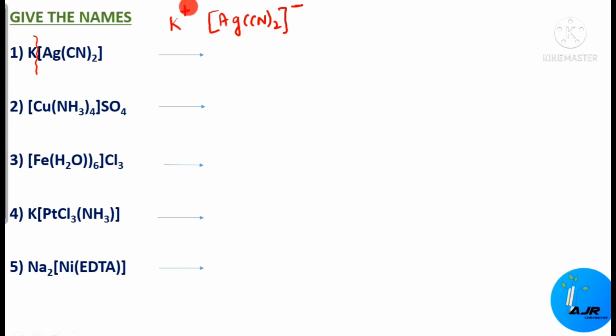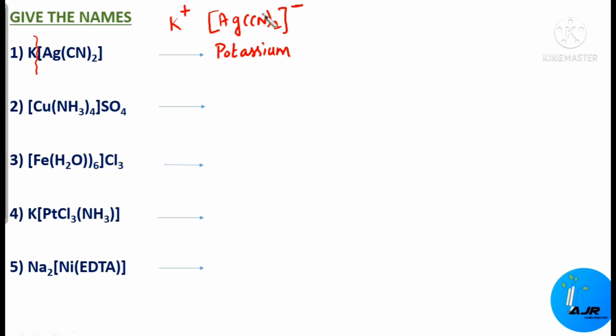Here, the positive ion, that is the cation, is a simple cation. It's not given inside the complex. It is outside. So you can write the name of the particular element as such. K, that is potassium. So potassium, since it is a simple cation, we are writing the name as such.